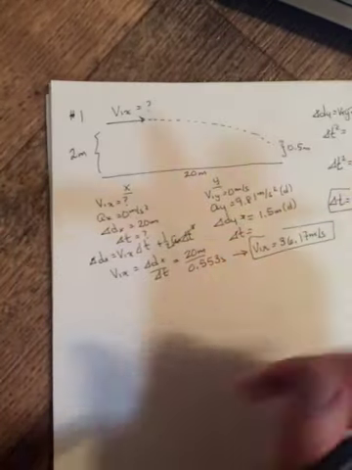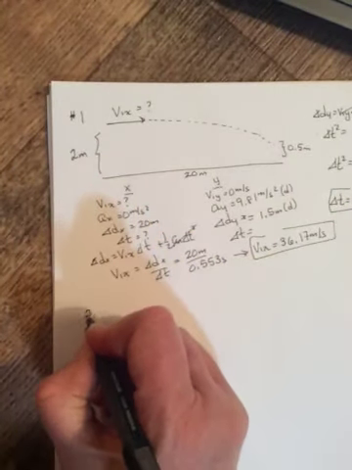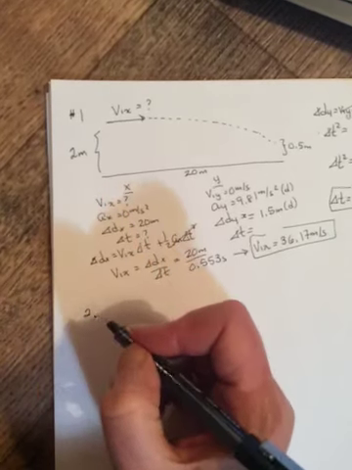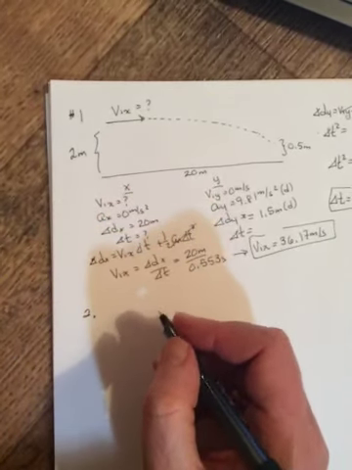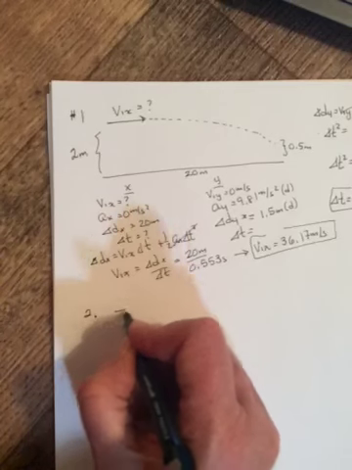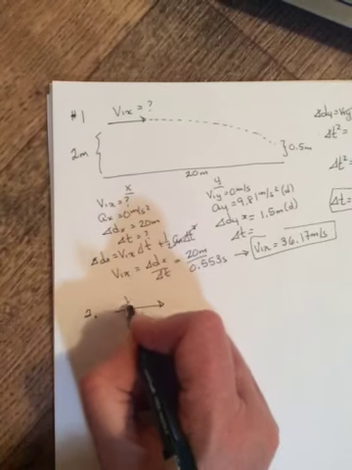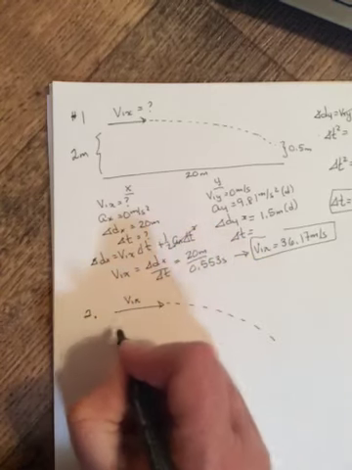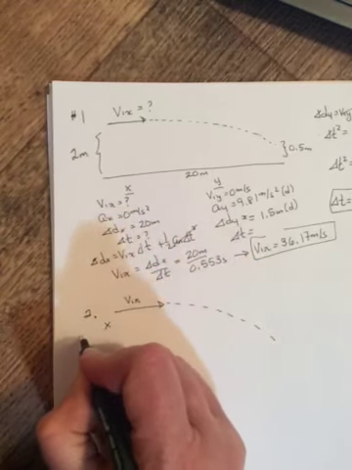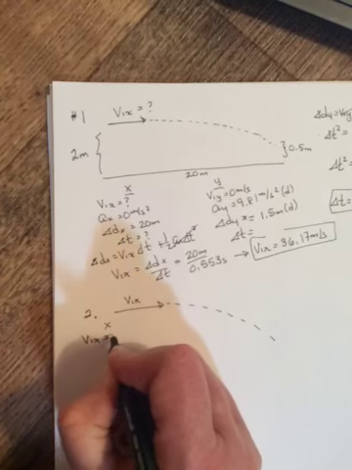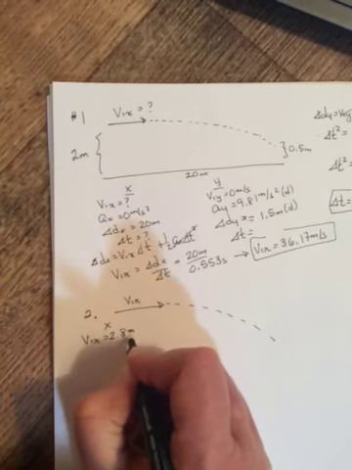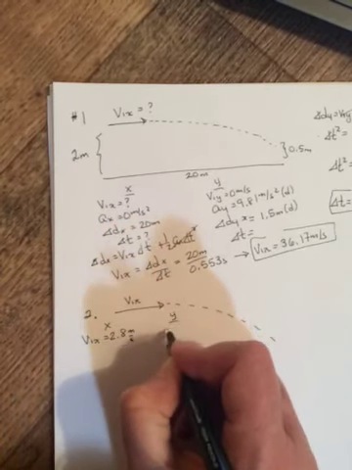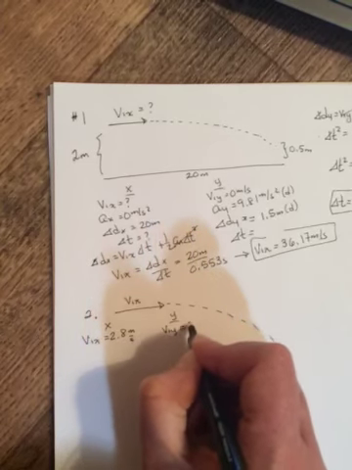Number 2, Throckmorton, back by popular demand, jumps off a high diving board with a horizontal velocity of 2.8 meters per second. So he dives out with a VIX, and then he goes down to the water. So in the x direction, the VIX is 2.8 meters per second. And of course, we know the VIY is 0.